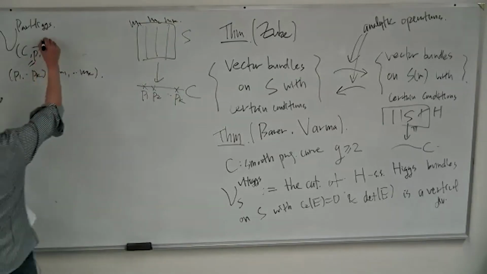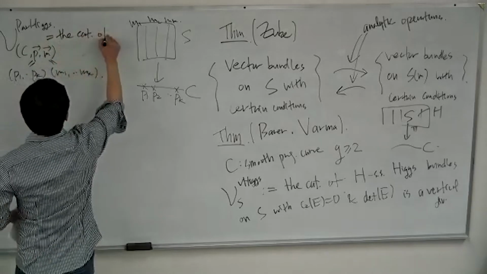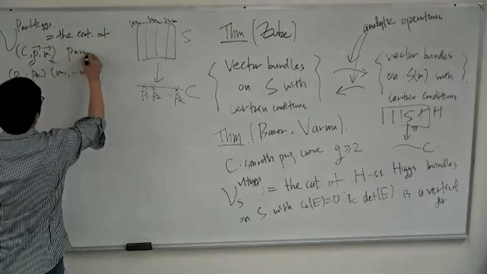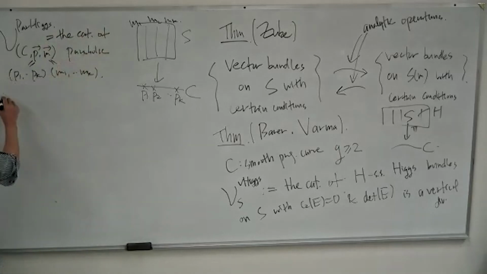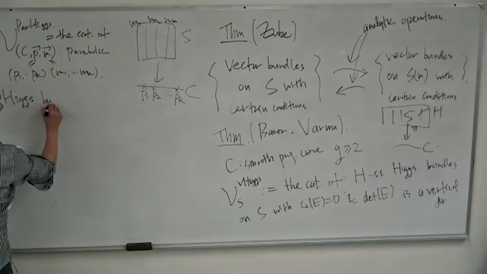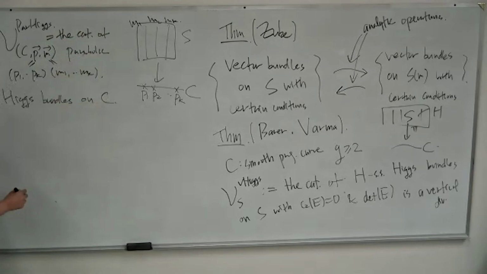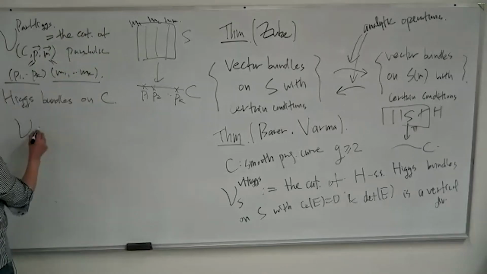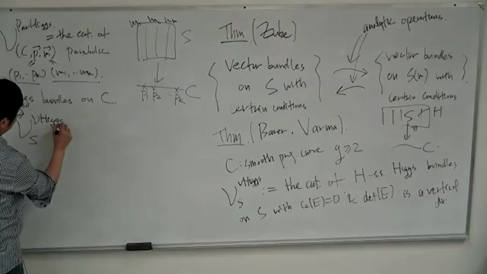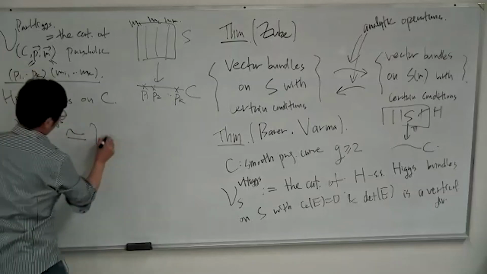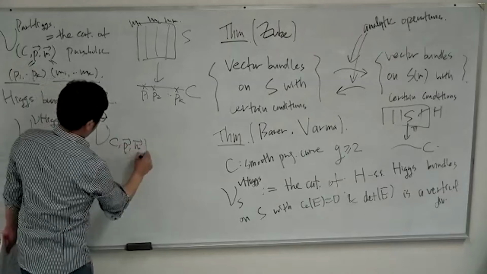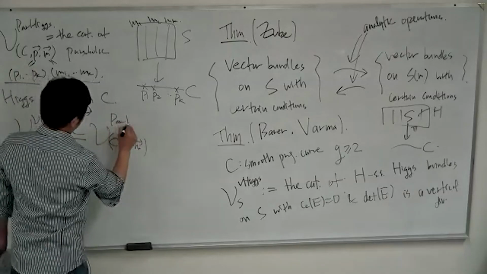So this is the category of parabolic Higgs bundles on C, and this data is given by these two data. And what they prove is that indeed there's a natural equivalence between this category, these vertical Higgs bundles, and the parabolic Higgs bundles.